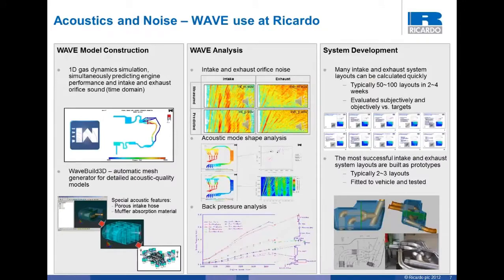There's a lot on this page. It really summarizes what Ricardo and Ricardo software can do for NVH gas dynamics on an engine. That's one of our key areas. WAVE is always used for the performance, but the advantage of WAVE is together with performance and NVH, you can couple the two together.